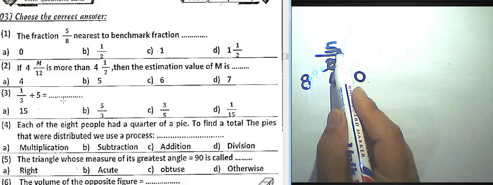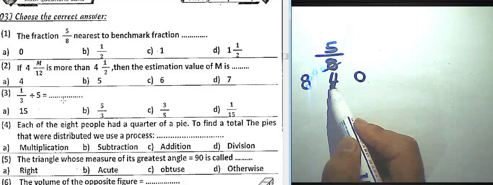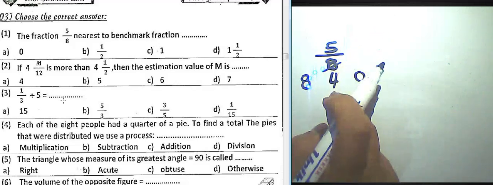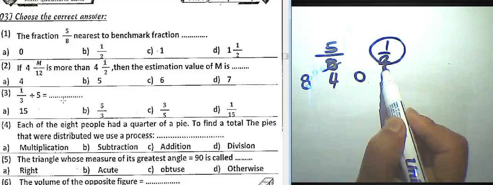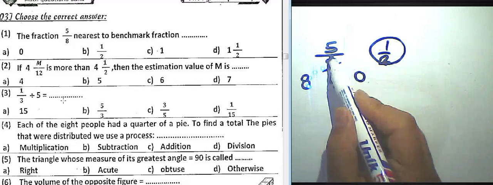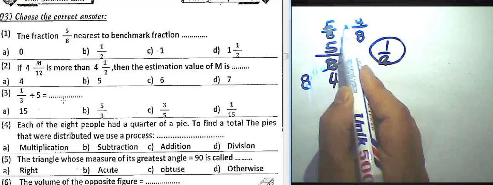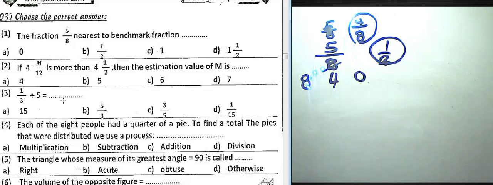We must choose half because 5 is nearest to half of the denominator. Half of the denominator here will be 4, then 5 is nearest to half of the denominator. So the estimation of 5/8 equals half, because it's nearest to 4/8. 5/8 is nearest to 4/8, so it's nearest to half. Okay.